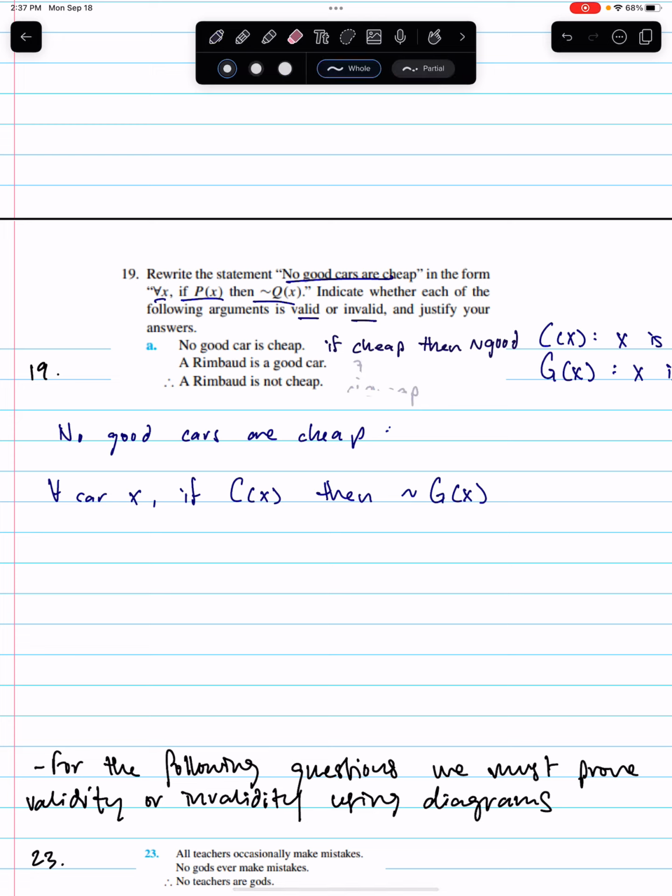So actually, to make this clearer, we could just say this is P, then this is Q. So a rimbaud is a good car, that means not Q. A rimbaud is not cheap, that means not P, right?